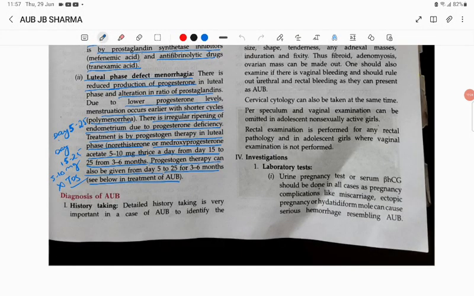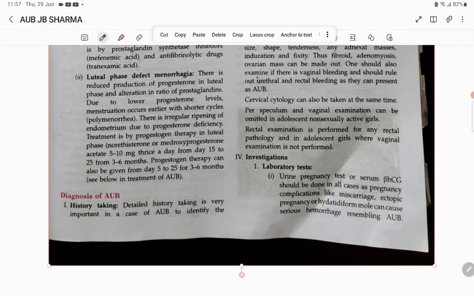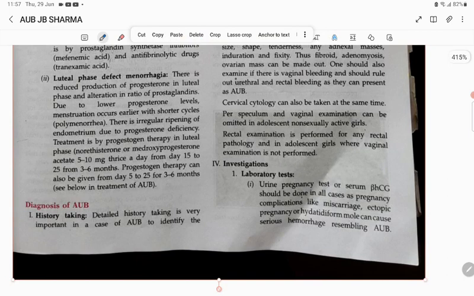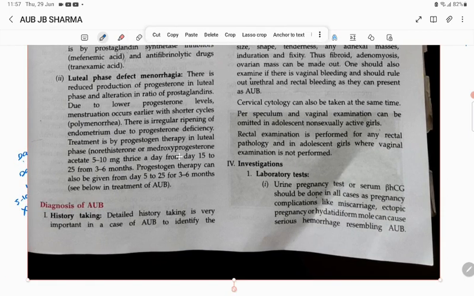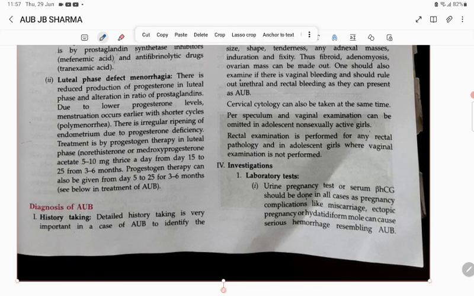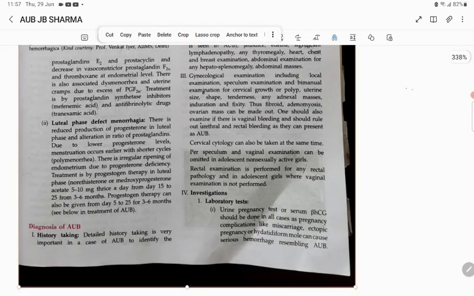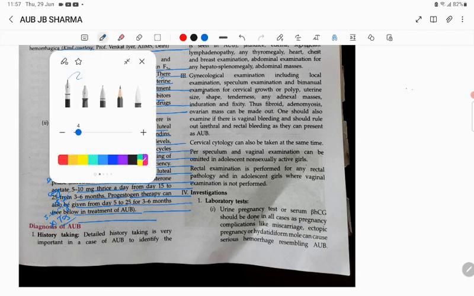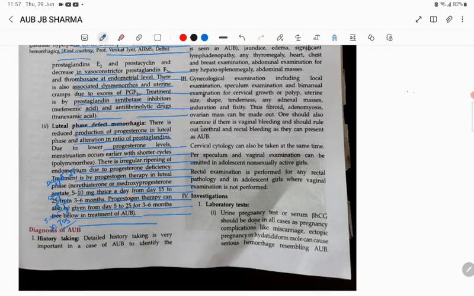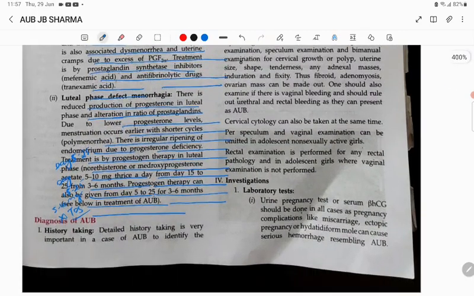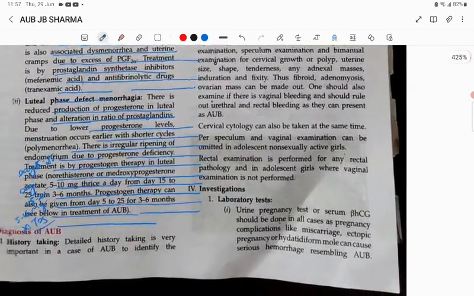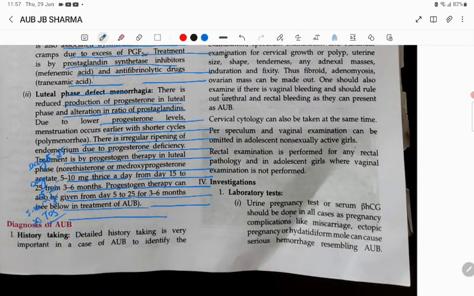Okay, diagnosis of AUB. History taking. Detailed history taking is very important in case of AUB.